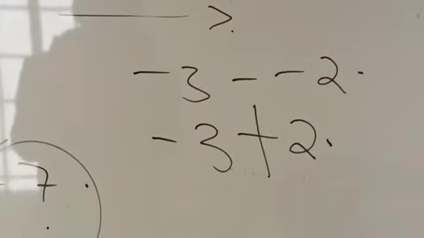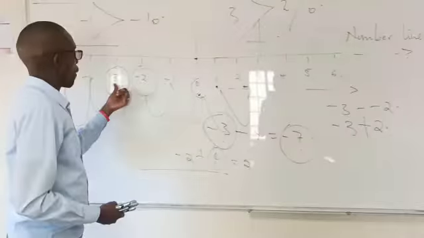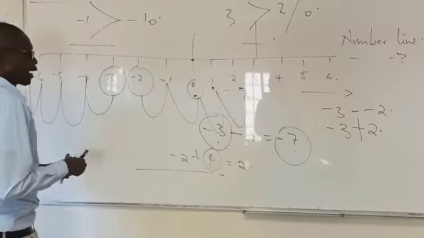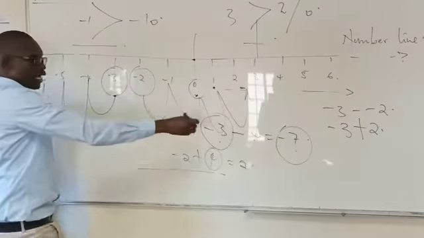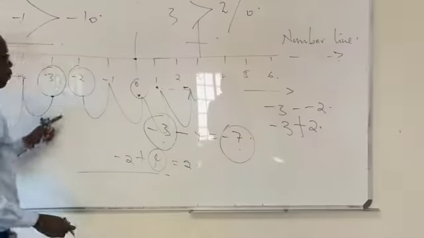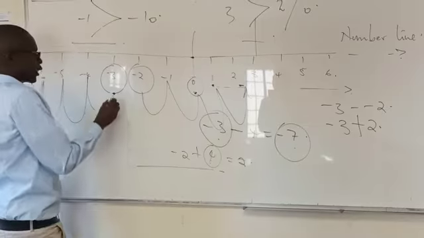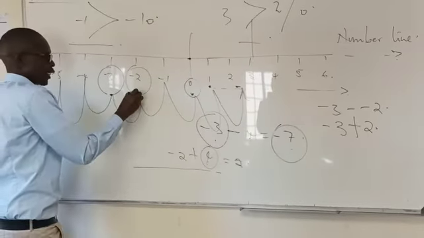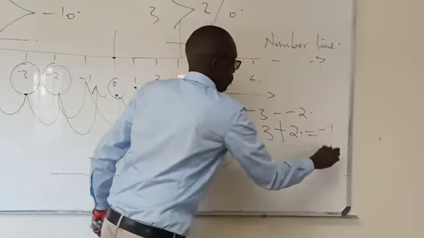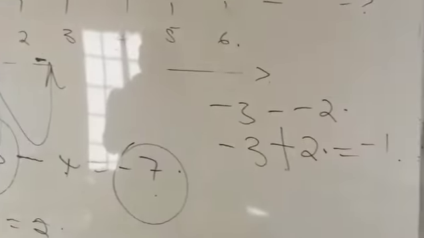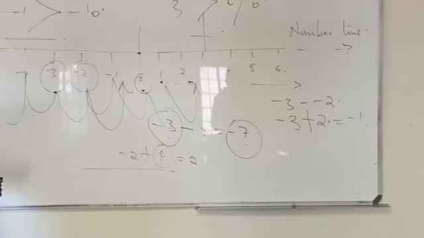Meaning my expression now becomes minus 3 plus 2. I go to my minus 3, then the sign which follows is a plus 2. I'm supposed to go to the right, then count how many steps? 1, then 2. My answer now becomes a minus 1. That is the idea we are going to use to solve direct numbers.